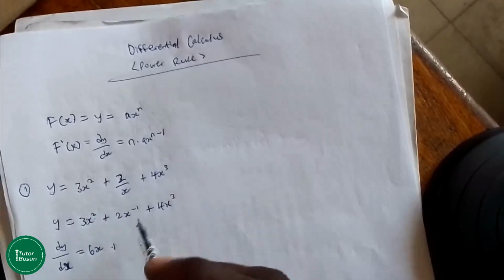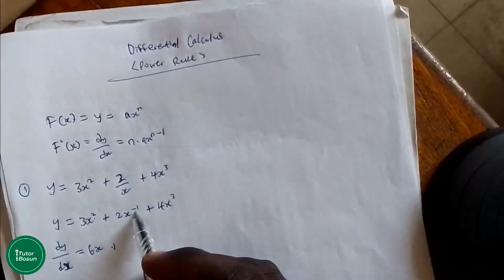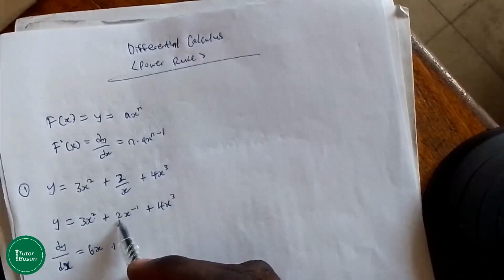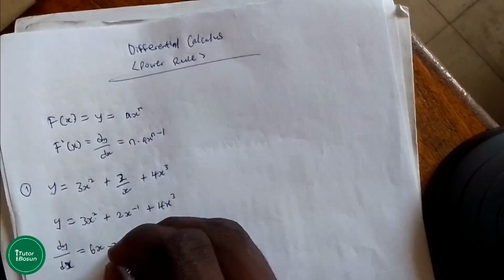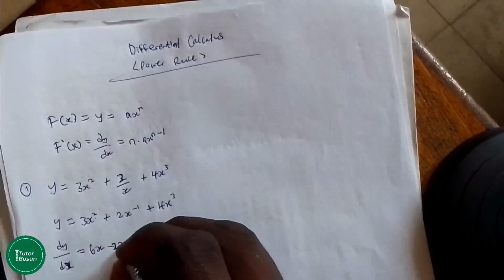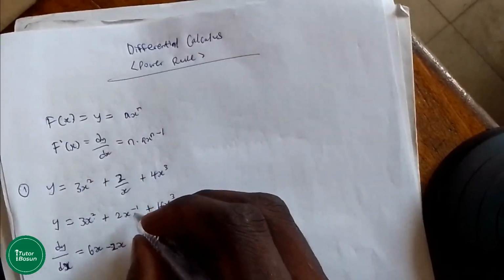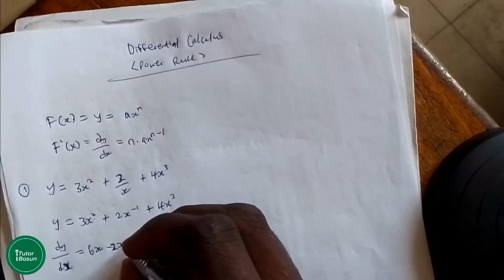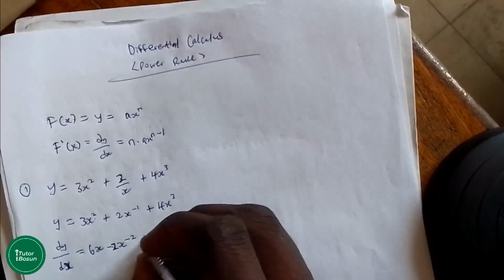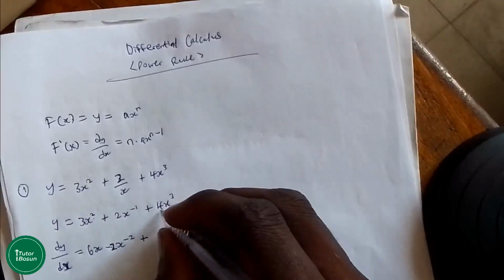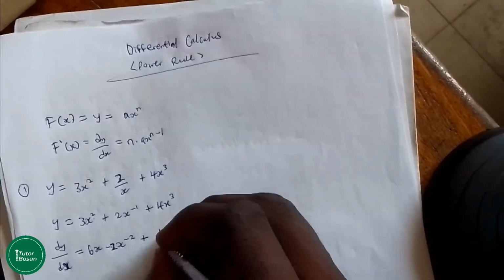Plus minus 1 multiplied by 2x raised to power minus 1, and that gives us minus 2x raised to power minus 2, plus 3 multiplied by 4, and that gives us 12.